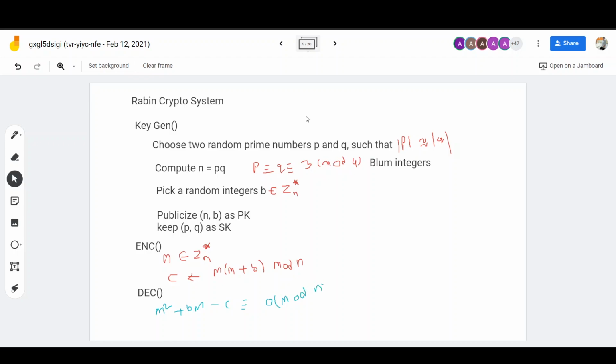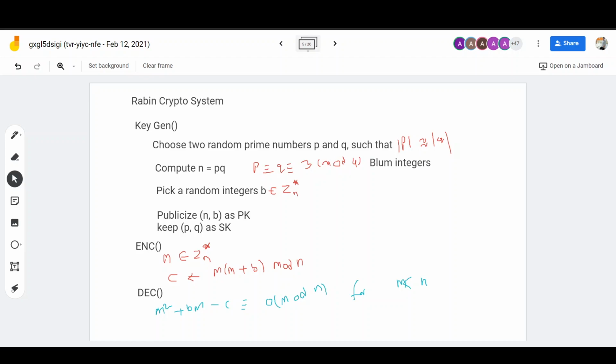This is for m less than n. Are you fine with this?